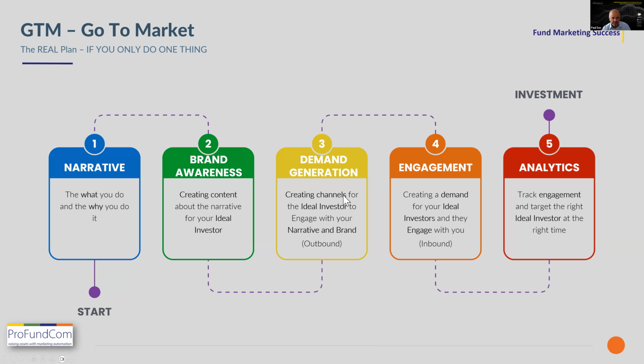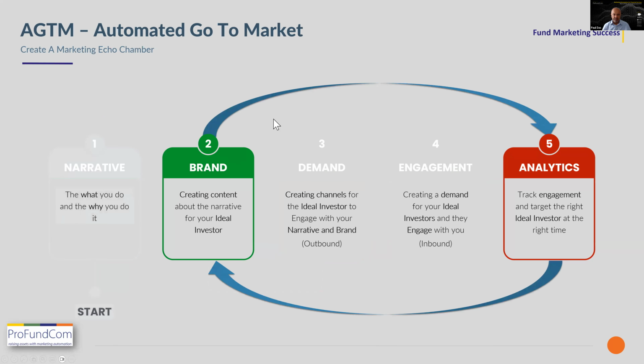This becomes important because once you've done all the heavy lifting around your fund narrative, your daily job becomes taking your brand, creating content, analyzing how it's being engaged with, and then creating an echo chamber for that.